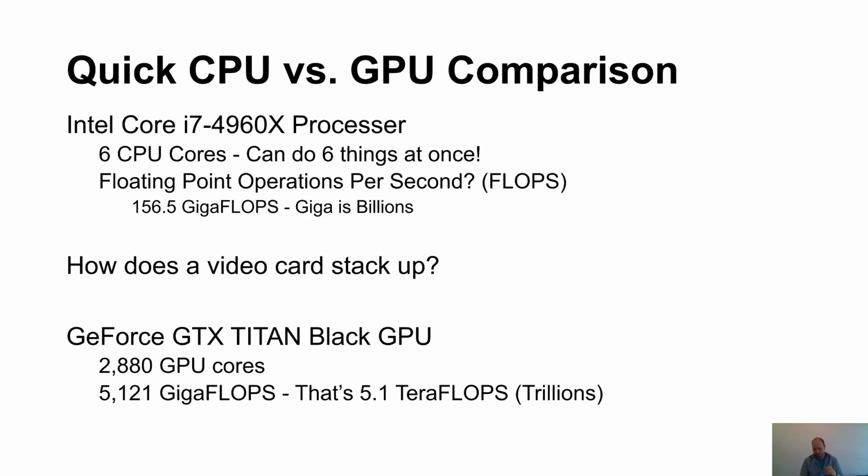So you might ask, reading this slide, why don't we just use GPUs for everything? Why do we need a CPU? Well, GPUs are limited in the way they function. They are really good at dealing with lots and lots of stuff. They're not so good at dealing with sequential things.